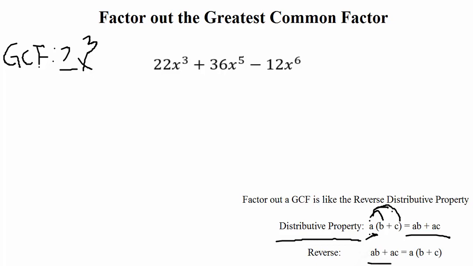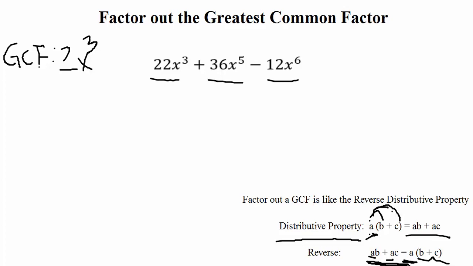What we're doing is taking a look at a polynomial and looking at what the terms have in common. So for example, here we have this a in common with this a. And what we want to do is pull out that a. Then in the parentheses is what we have left over that's not in common. So our GCF represents what we have in common with all three terms.